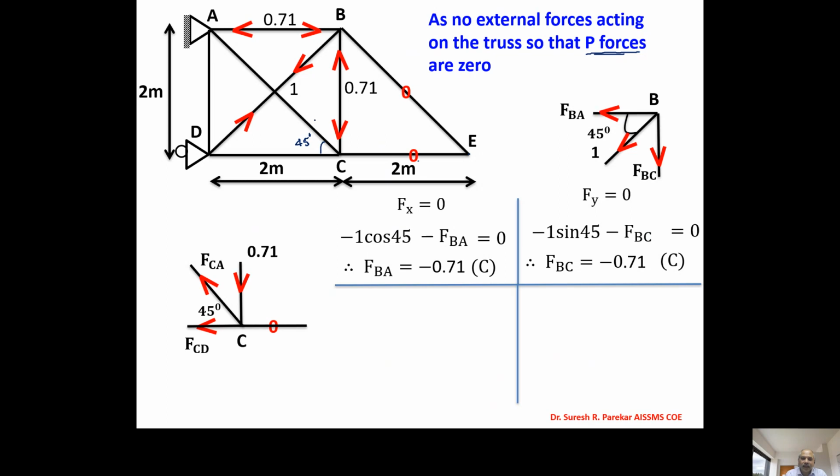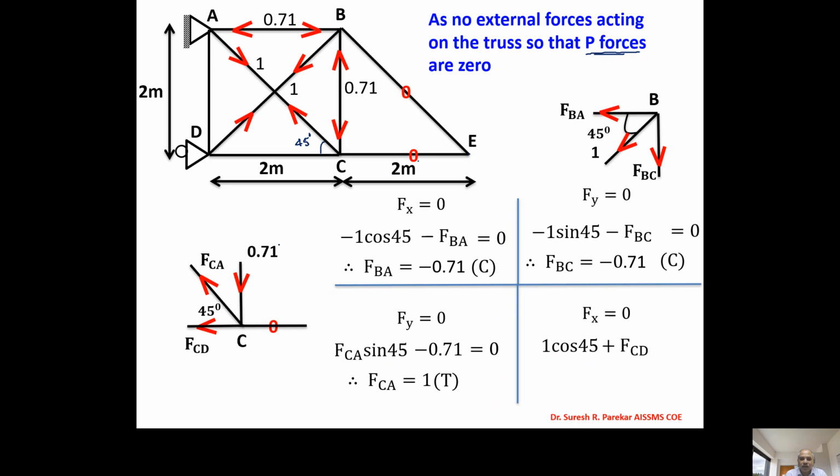Now go to joint C. Here we have 0.71. Applying summation Fy equal to 0, we get FCA sin 45 minus 0.71, and we get the value of FCA equal to 1, that is tension. Knowing this tension 1, we go to 1 cos 45 plus FCD, and from this we get FCD equal to minus 0.71.